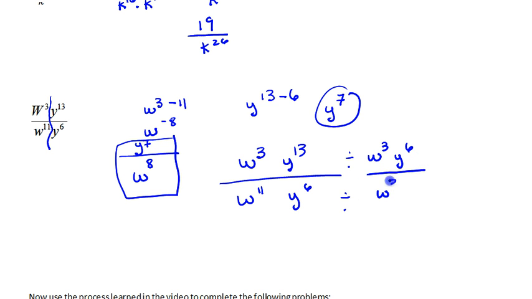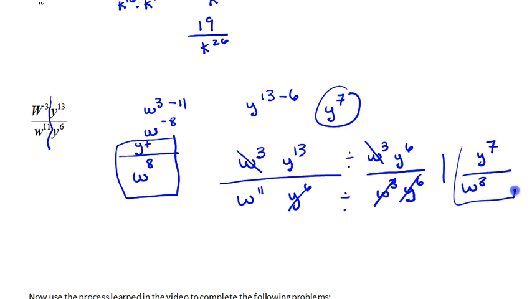If I do the same thing to the top and the bottom, I'm dividing my fraction by 1, which shouldn't change its overall value. So dividing, the w to the 3rd cancels out. Dividing these gives us y to the 7th. Here, this cancels out and leaves me with w to the 8th. And my y to the 6ths cancel out, and I end up with the same solution.